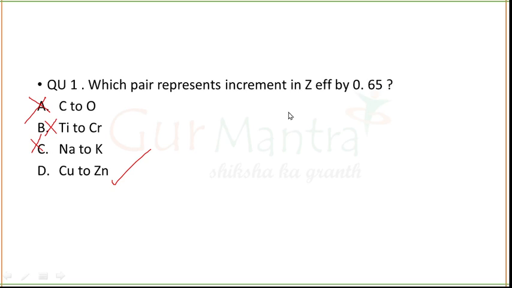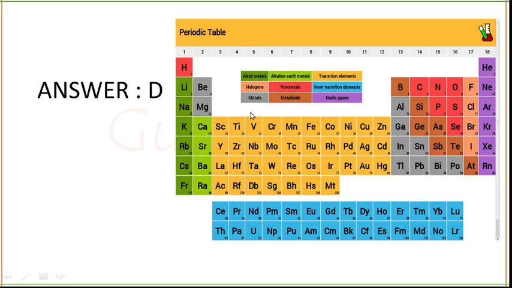Okay guys, so let's see the solution. Number one option is C to O. First of all, you need to remember the periodic table to solve these types of questions. As you can see, the carbon atom is present in group number 14 and oxygen atom is present in group number 16.